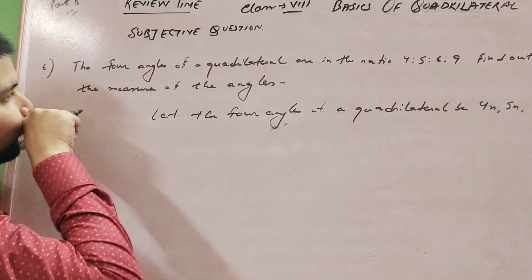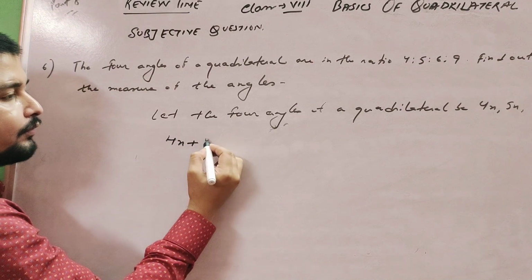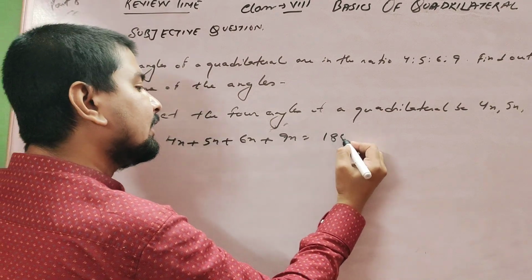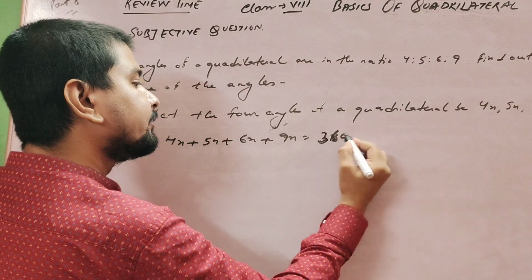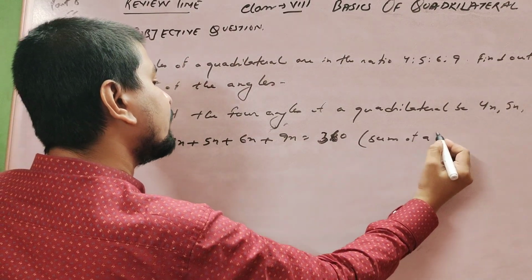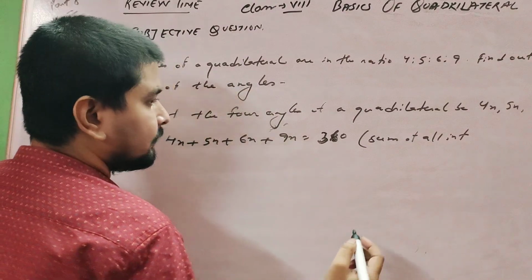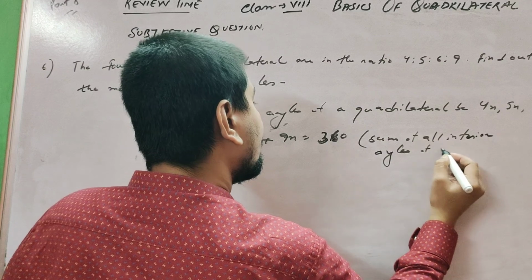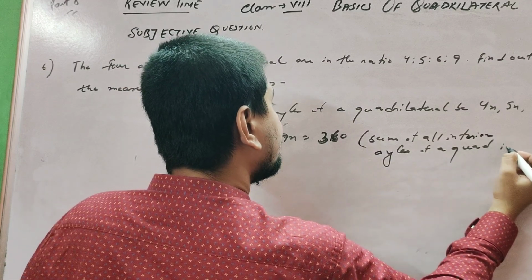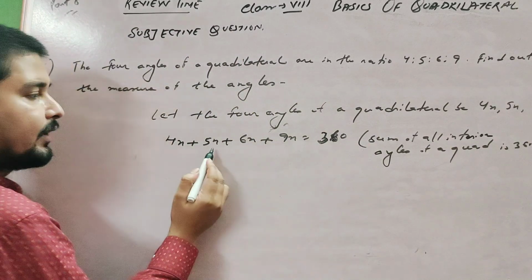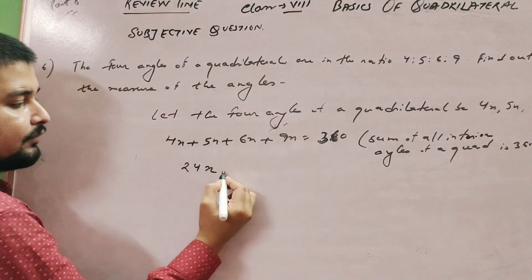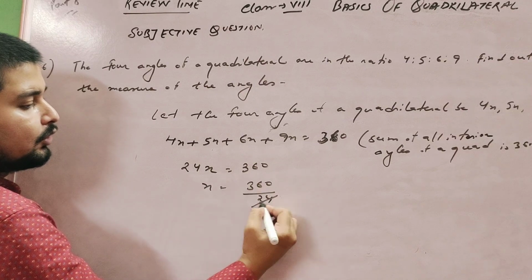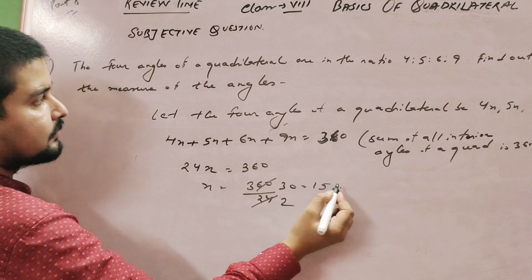Okay, so we know that sum of all the interior angles of a quadrilateral is 360. 4 plus 5 is 9, 9 plus 6 is 15, 15 plus 9 is 24, that is 24x equals 360. So x equals 360 by 24. That is x equals 15.